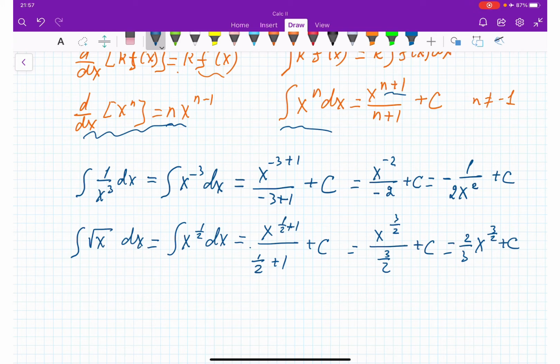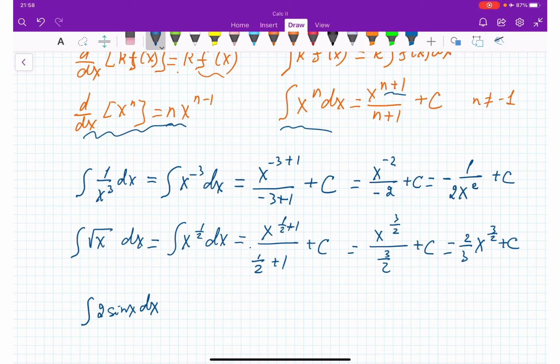Let me solve another simple one before we start solving using methods: the integral of 2 sine x dx. So what is the derivative of sine?